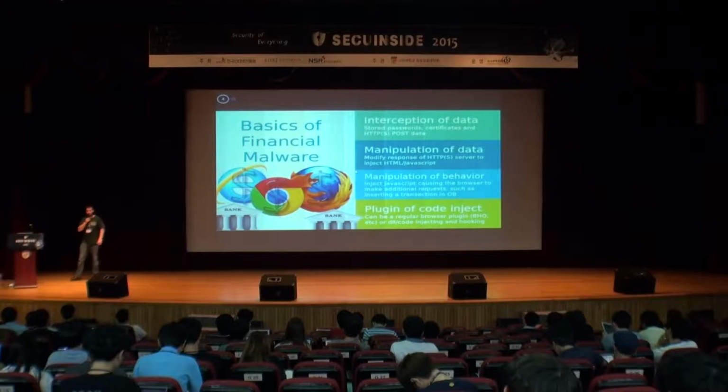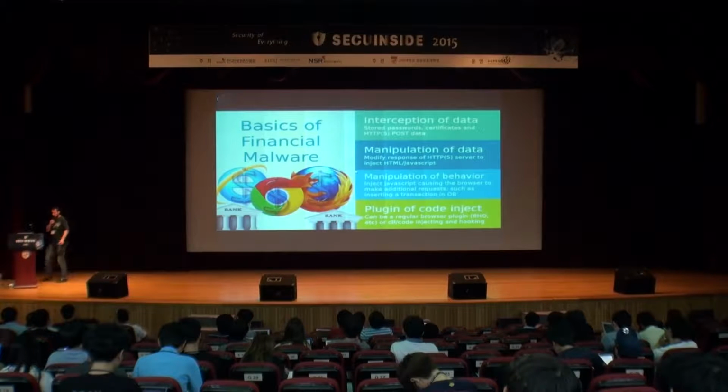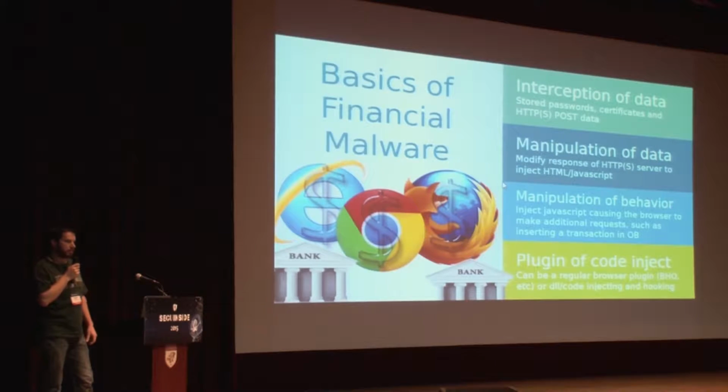Just a quick introduction to financial malware or banking malware. One of the main purposes is to intercept information and manipulate information. So one of the most basic properties that most malware of this type has is that it can recover stored passwords.